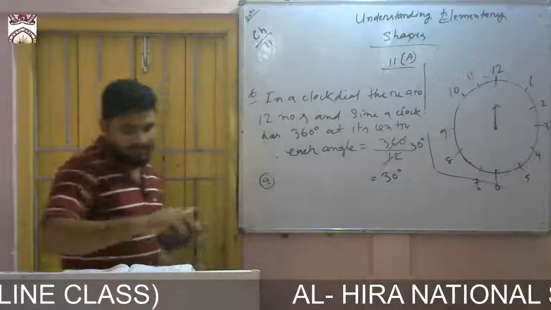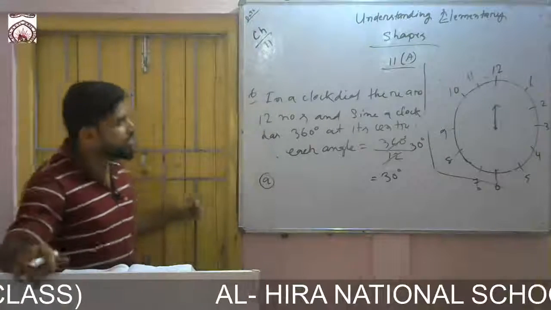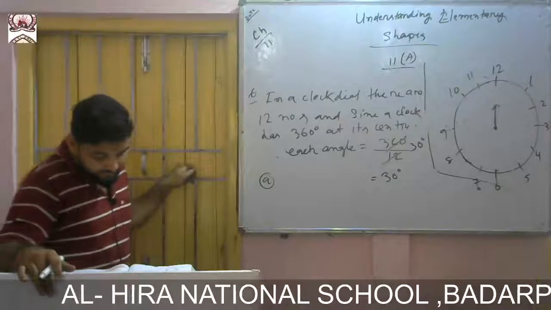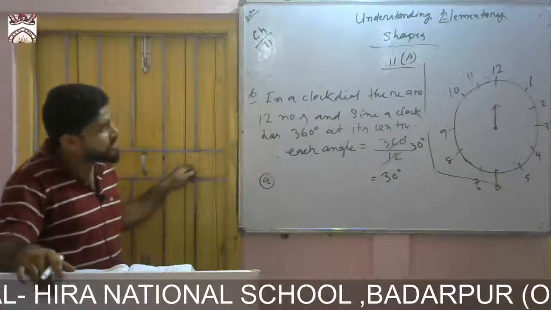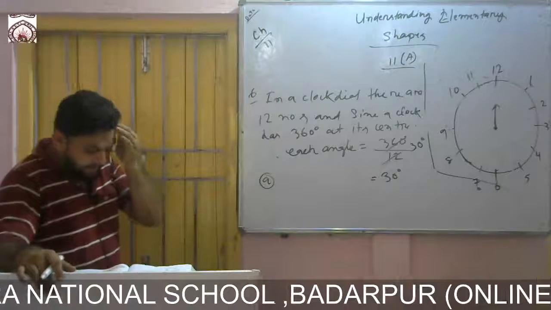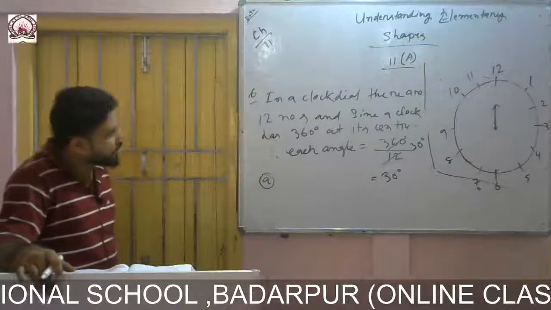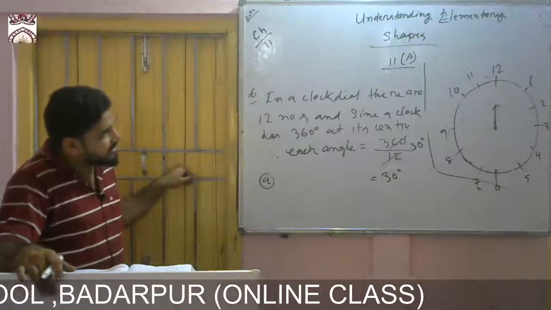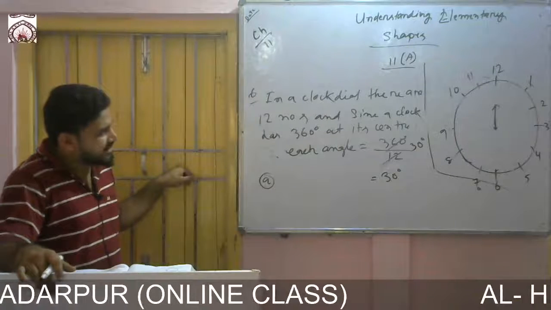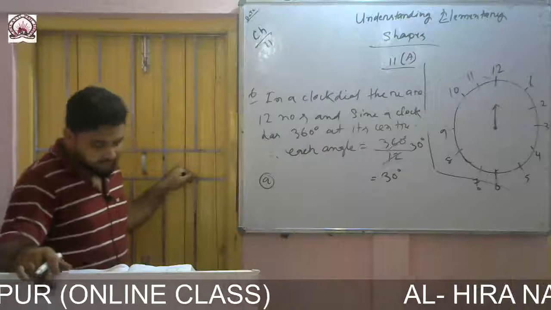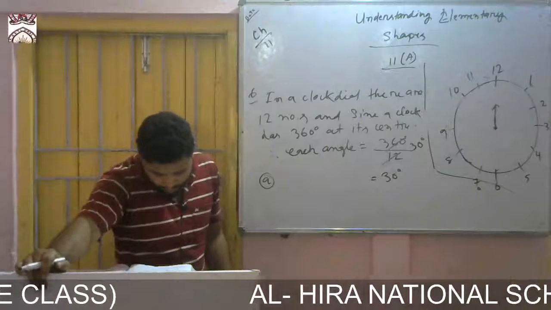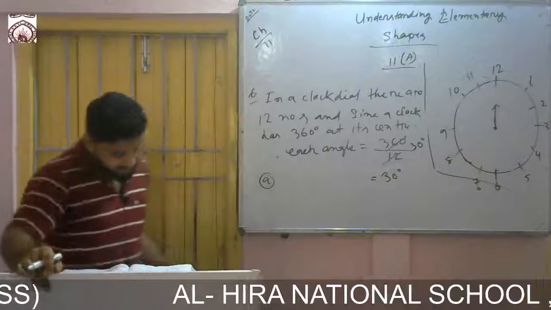Whenever it moves from 12 to 6, see how many numbers it is passing. The question is, when the second hand moves from 12 to 6, how many degrees has it turned through?